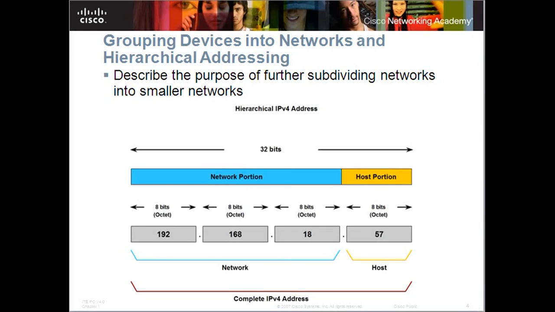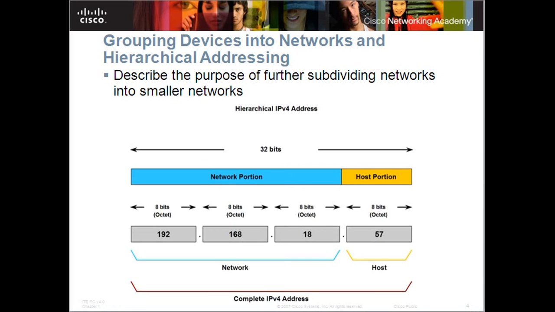If they're logically in the same network, they should have the same network portion. How to identify they are in the same network? Because their network portion should be common. Any number of bits can be in the network portion and any number of bits can be in the host portion. That is the design part of it. Here you can see an address 192.168.18.57, where the first 3 octets are in the network and the remaining is in the host.